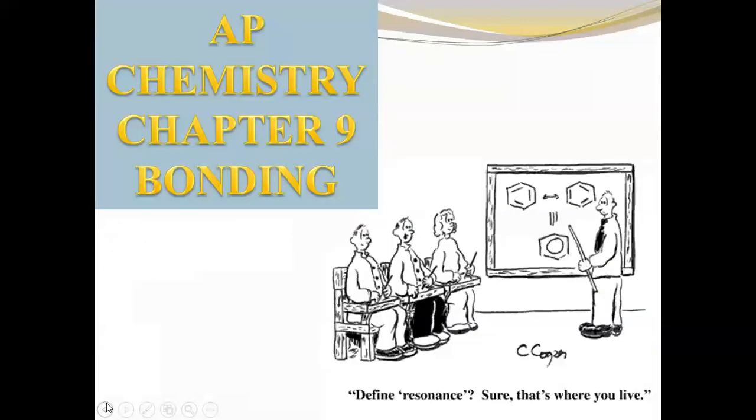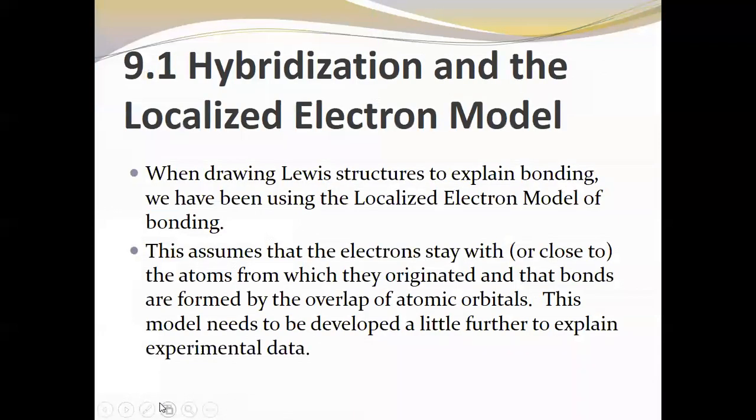So continuing on page 13, looking at chapter 9, there's just one section in chapter 9 that we need to talk about, and it's really just pages 13 and 14 in your notes. So 9.1, when drawing Lewis structures to explain bonding, we have been using the localized electron model of bonding.